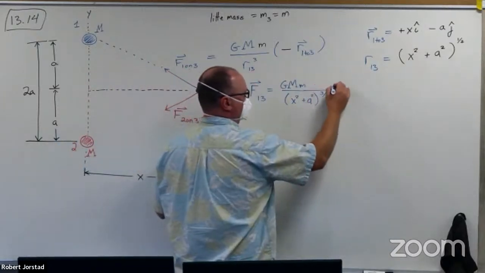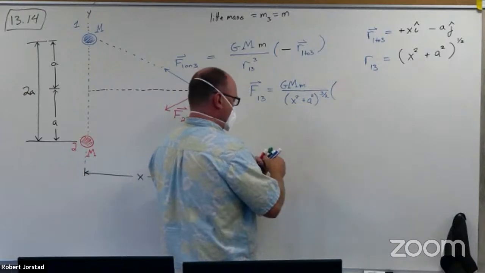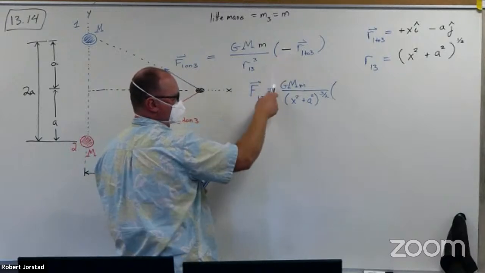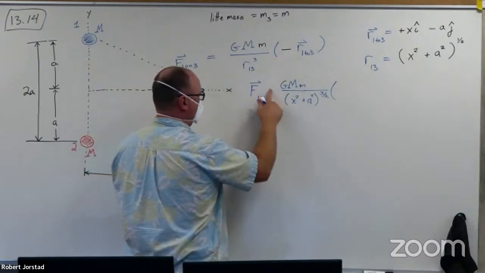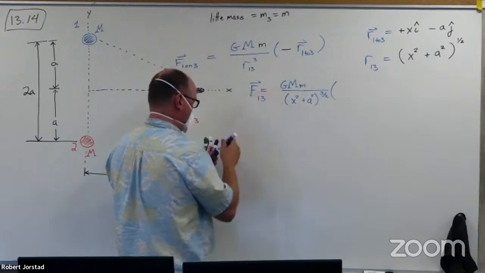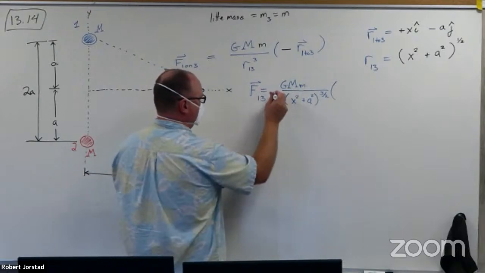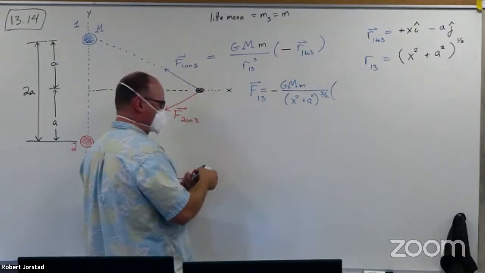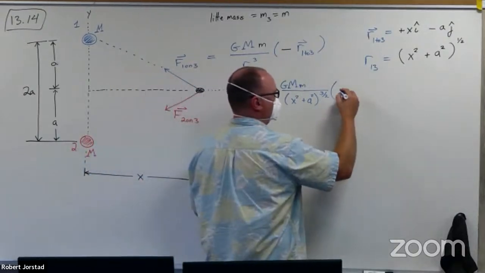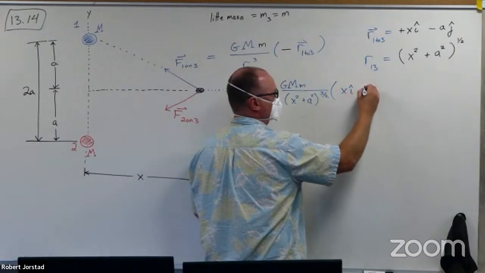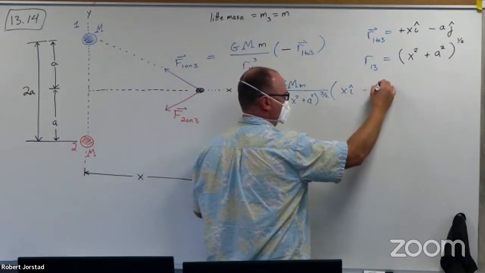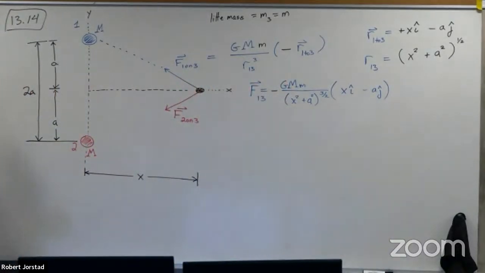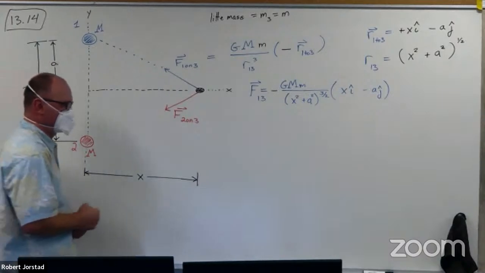And now here, I'm going to put that minus sign out front. I need a little space here. I want the minus sign sitting out here. And then I get, and notice there's the force. We're done.